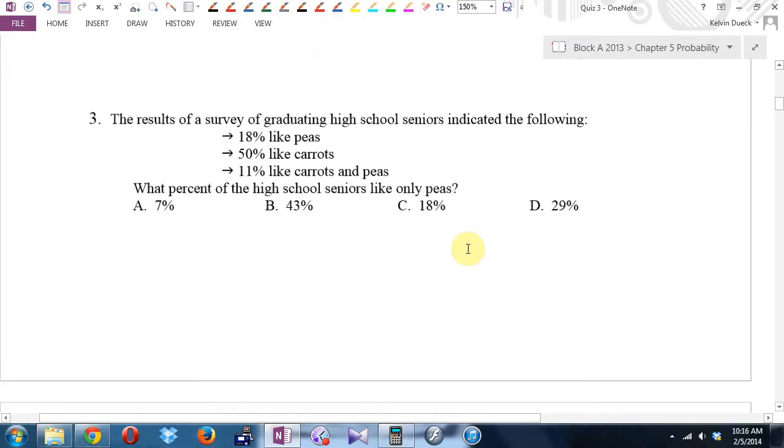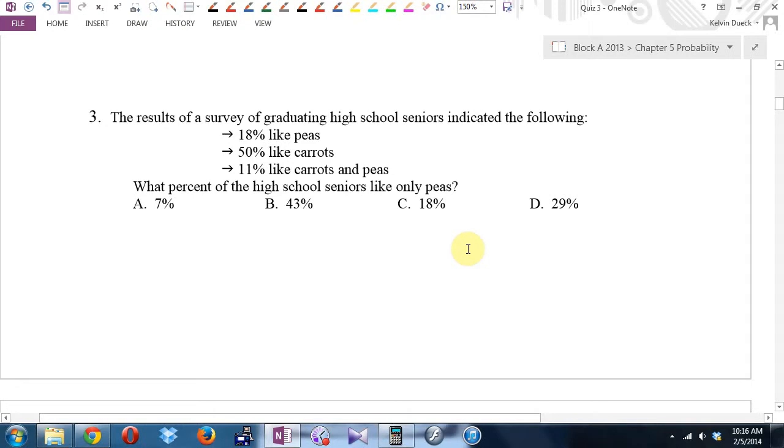Number 3. Kyla, as you're yawning, in number 3, do you see percentages, yes or no? Do you see 2 categories, peas and carrots? Probably a Venn diagram, I don't know yet.